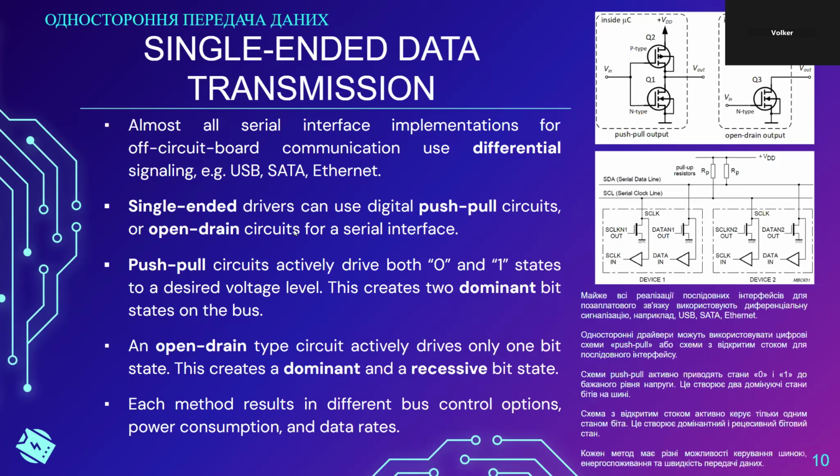And both methods, as we're going to see when we talk about SPI and I2C, result in different bus control options, power consumption, and data rates. Generally, the open drain output is more suitable for many devices on a single-ended bus. But the speed is generally limited and depends on the size of the pull-up resistors. If the pull-up resistors are low value, then the speed can be fast, but at the same time, the power consumption increases.